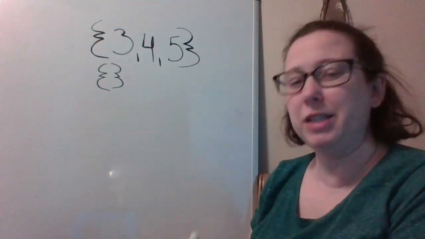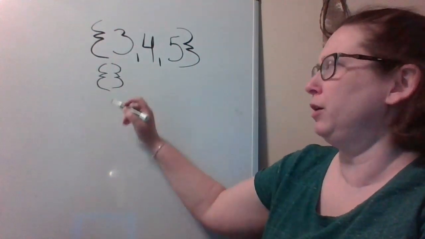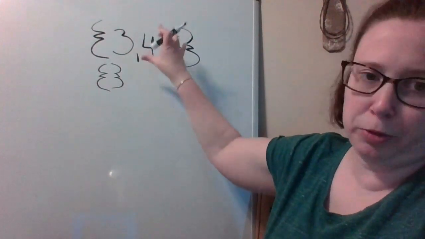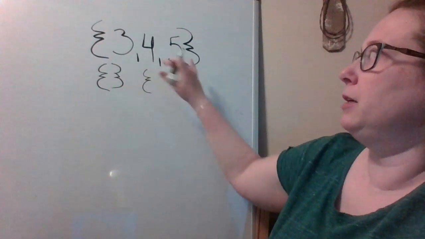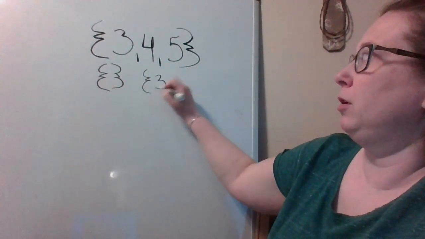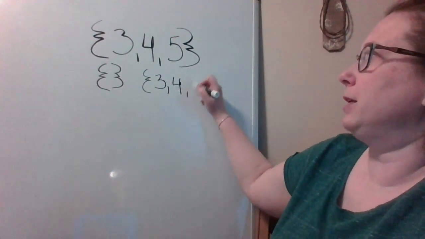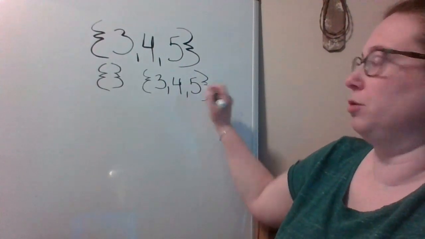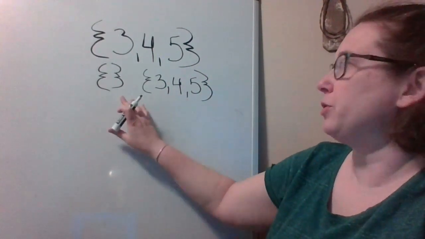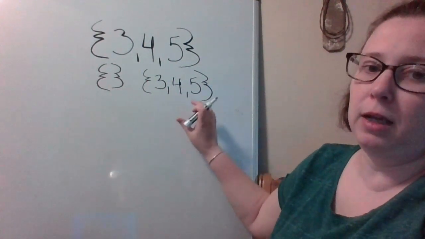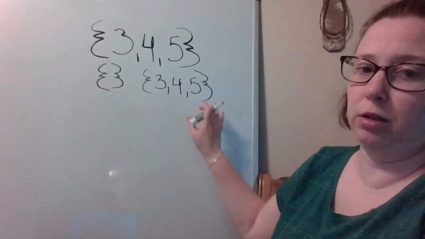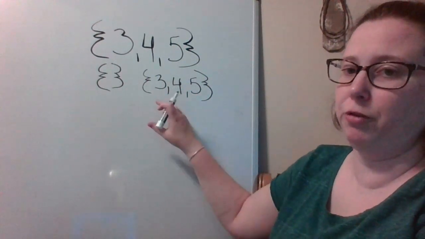Another subset that's a little bit weird is the actual set itself. So if we say that our set is 3, 4, and 5, one of its subsets is also 3, 4, and 5. So I highly recommend you list that empty set and also the universal set first.